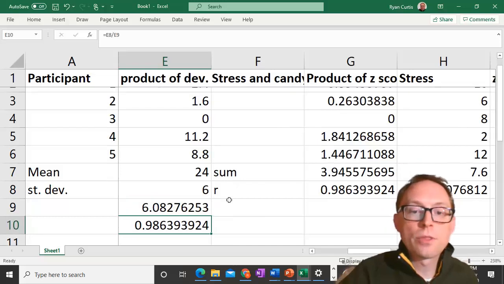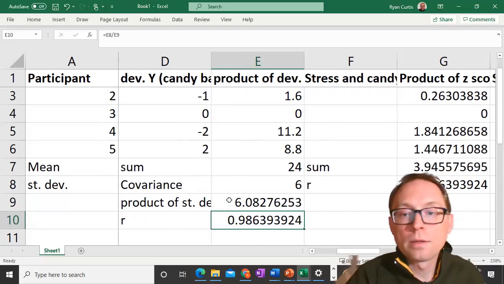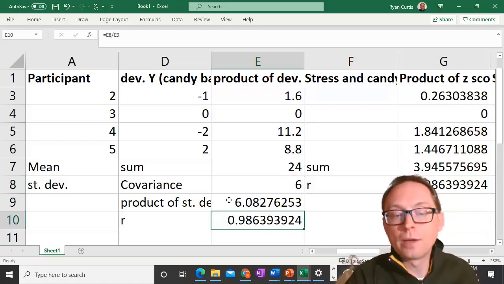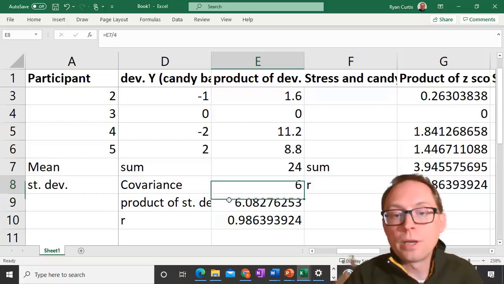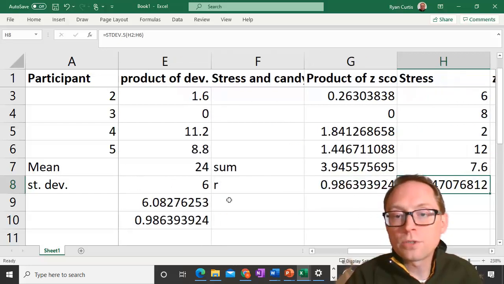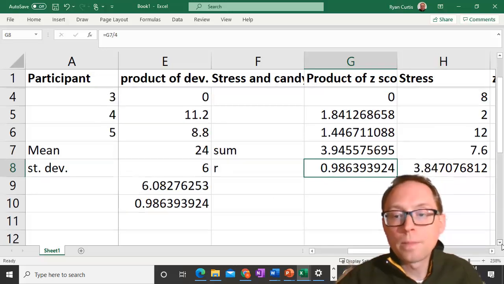Look over here. 0.98639 and 0.98639. When we did it with the covariance divided by the product of standard deviations, 0.98639, whatever. When we did it with product of z-scores, we get the same thing.